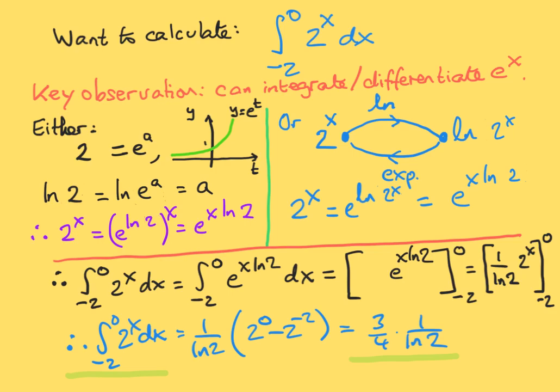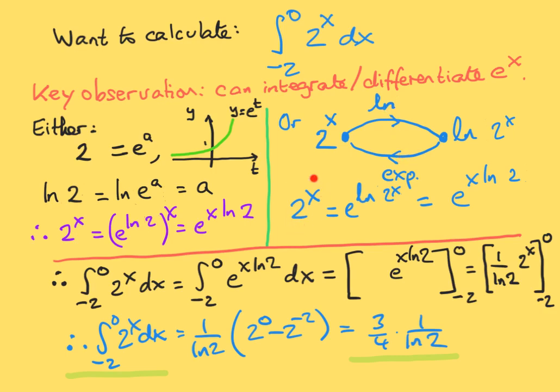The other way, which is the way that I would probably use myself, is I would say, well, if I've got 2 to the x, 2 to the x is always going to be positive, so I can take the natural log of it. I get the natural log of 2 to the x. And if I take the exponential of that, it will take me back, because the log and the exponential are inverse functions of each other.